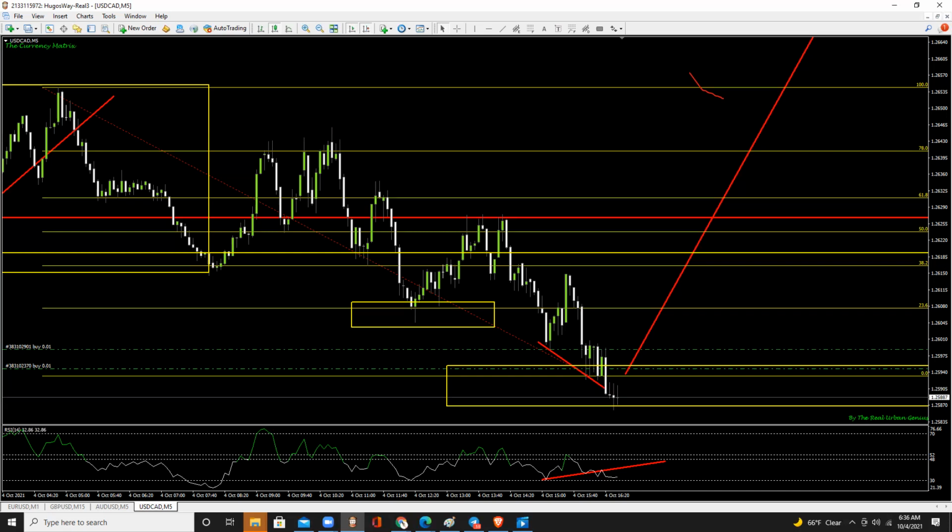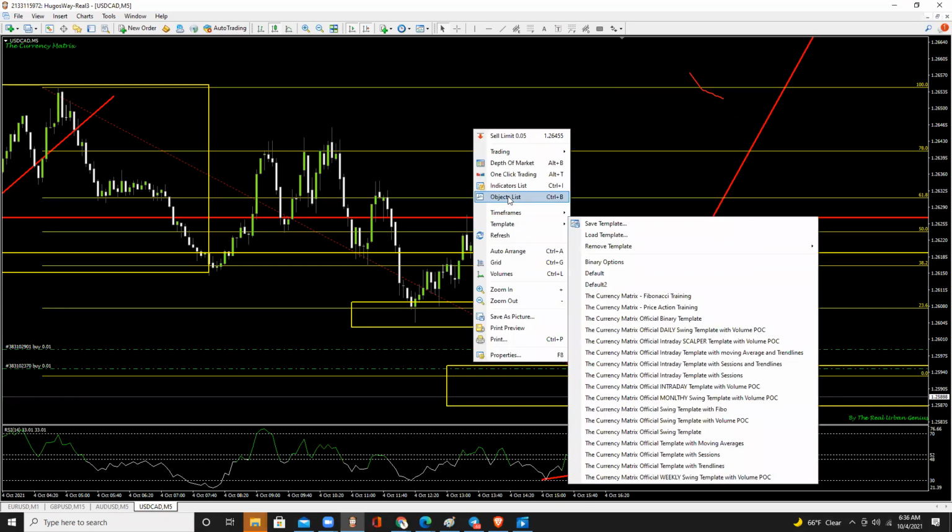Okay, calculating pips, look at the right-hand side. The numbers over here, say for instance, where we're at now is 1.2589. Every 10 digits is a pip. So from where we're at now, let me throw this up here.